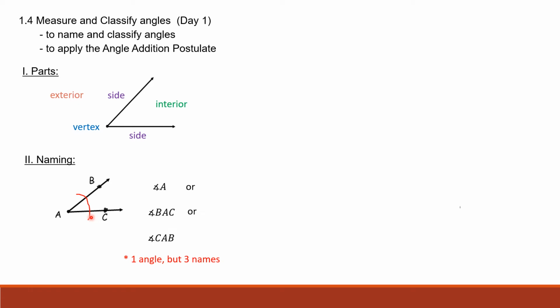But what if there's more than one angle in the picture, which is generally the case? So something in this range. So that makes 3 angles in this picture. There's an upper angle, a lower angle, and then the original overall angle that we had previously. So there are 3 angles. So previously, because there was just one angle, I could call this angle A. So you'll notice my angle A is down here at the bottom.